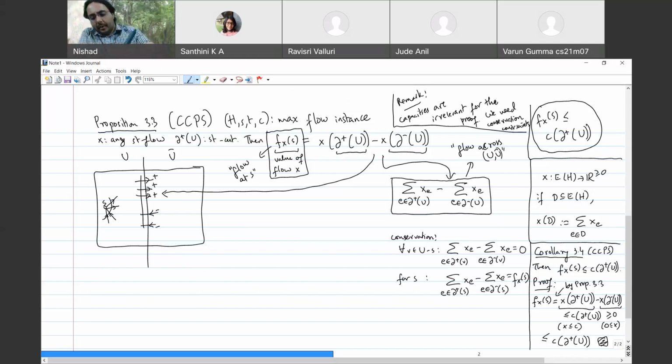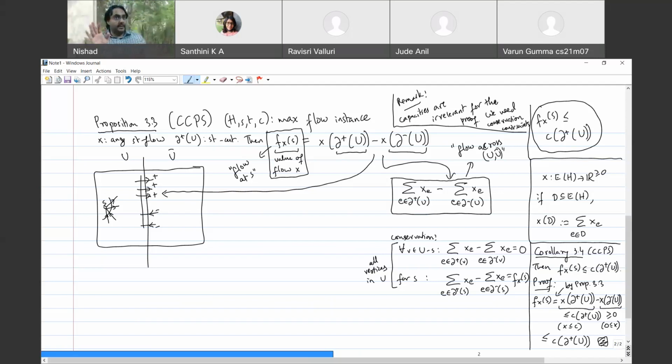And this accounts for all the vertices in U, right? This is basically all vertices in U. So we have an equation for every single vertex. So what Revin is suggesting is that we look at these. What should we do now? Add all of them, right?